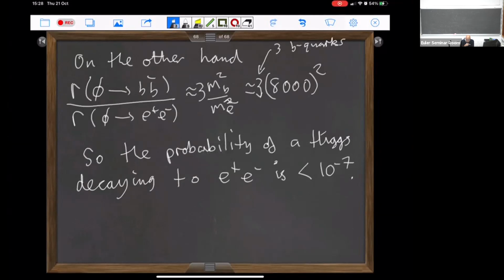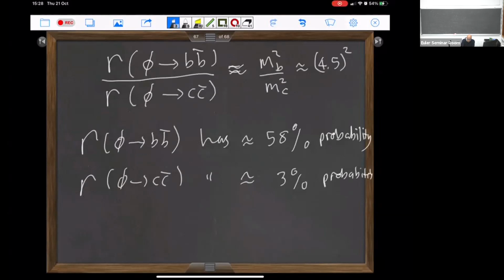On the other hand, if you look at these numbers, the real Higgs, meaning the 125 GeV actual Higgs that's been produced at the LHC, does decay most of the time to bottom quarks. Now, to calculate this probability means you have to also take into account its decays into W's and Z's and so on, which I haven't really spoken about.